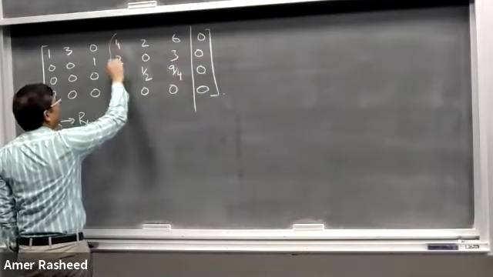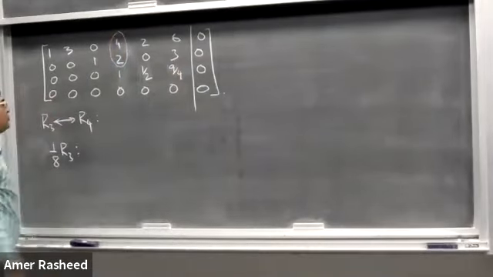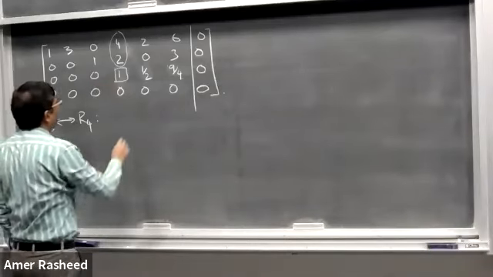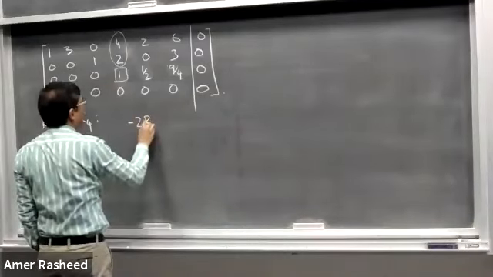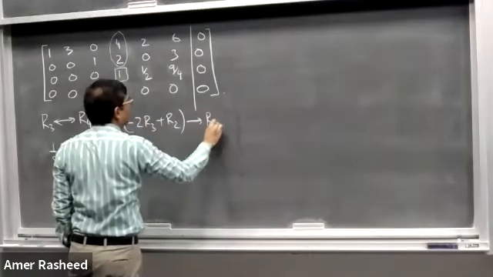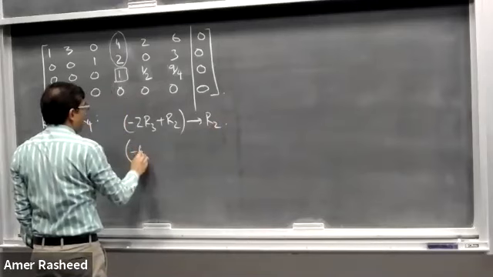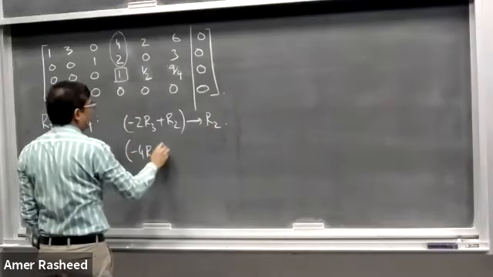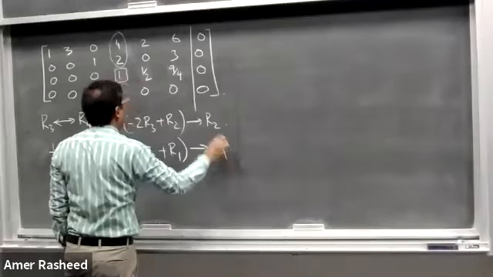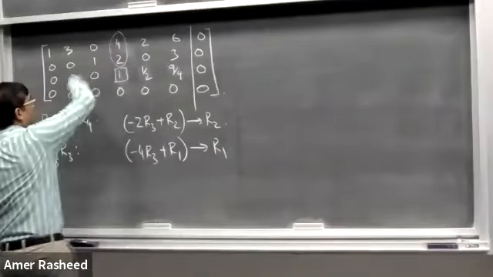You have to make these two entries 0 by using this pivot entry. What operations do you need here? Negative 2R3 plus R2. And here you are going to change R2. And then negative 4R3 plus R1. This will make these two entries 0. Okay.